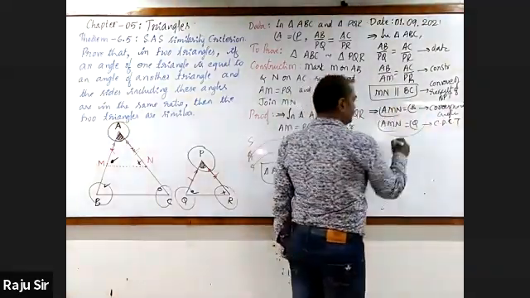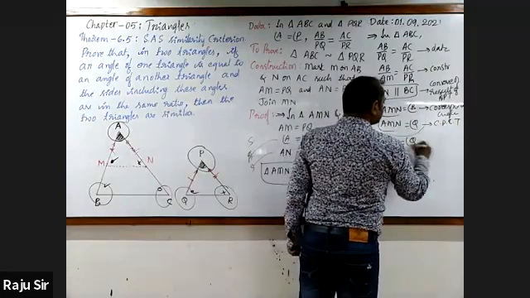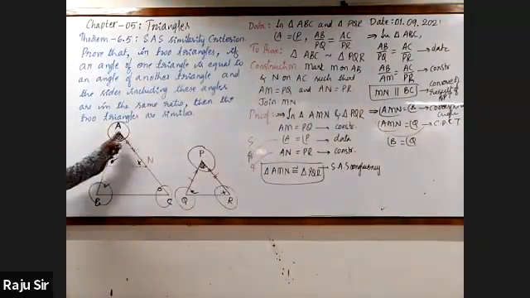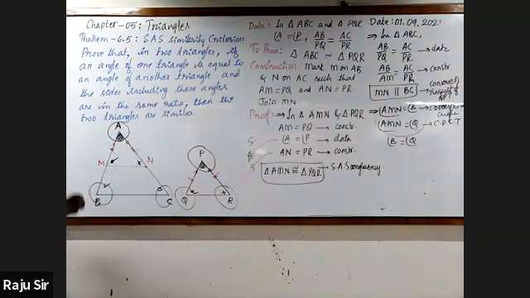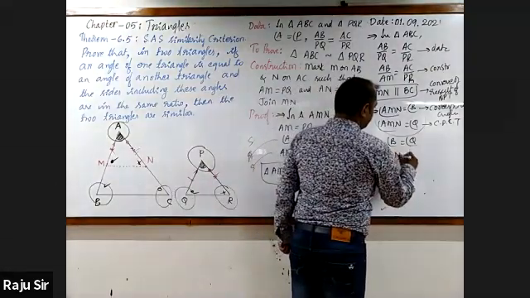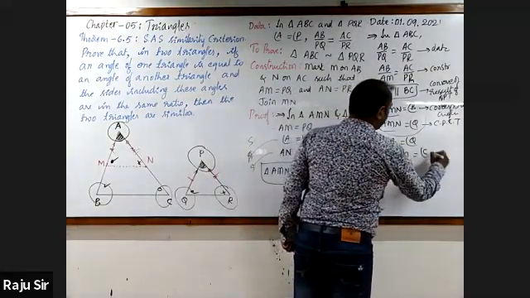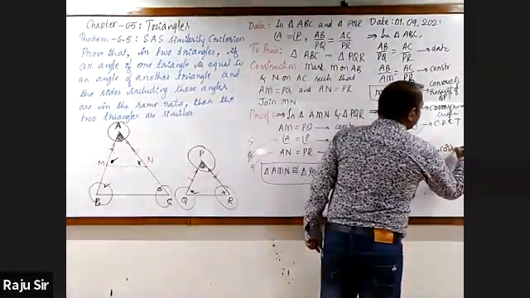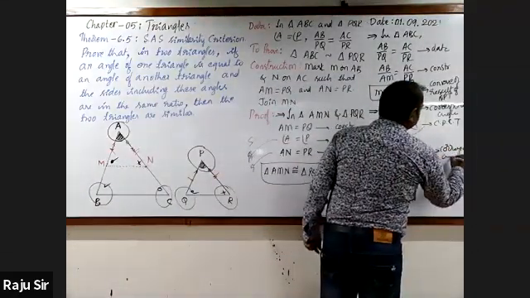What do you say? Angle B equal to angle Q. Similarly, angle ANM is equal to angle C. Reason? Corresponding angles.